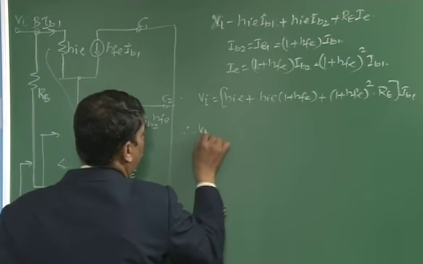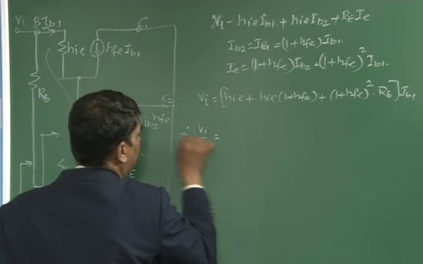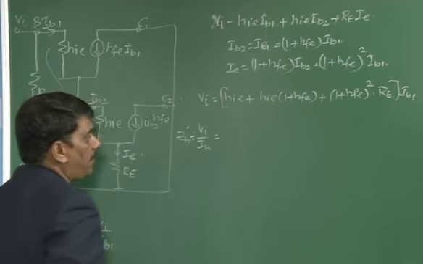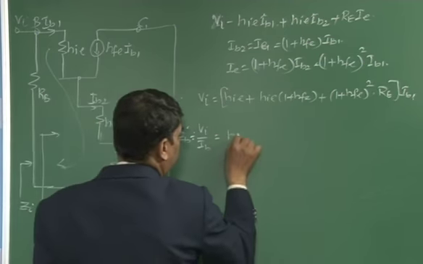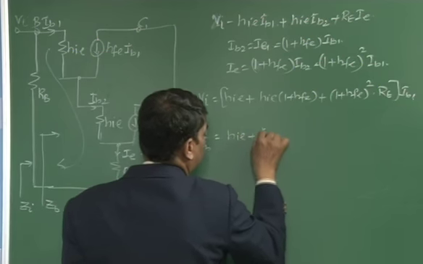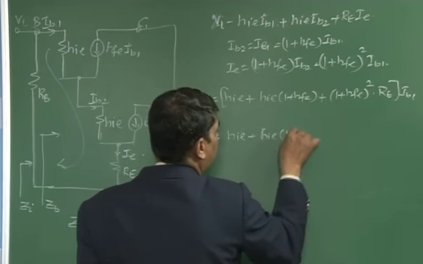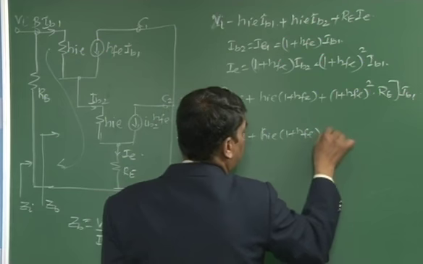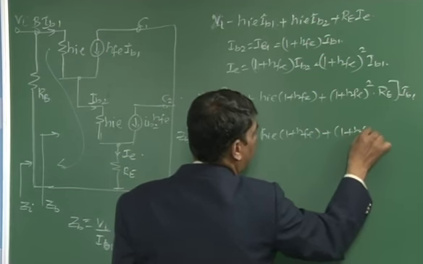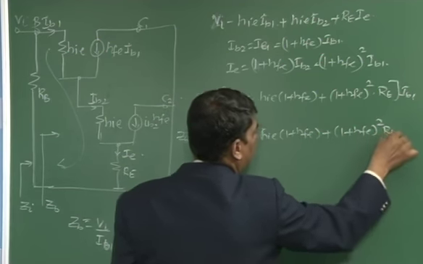Then Vi by Ib1 is equal to ZB, which is equal to hie plus hie into 1 plus hfe plus 1 plus hfe squared into RE.